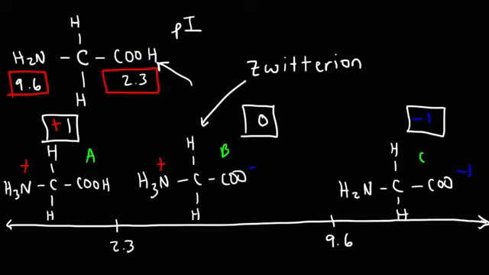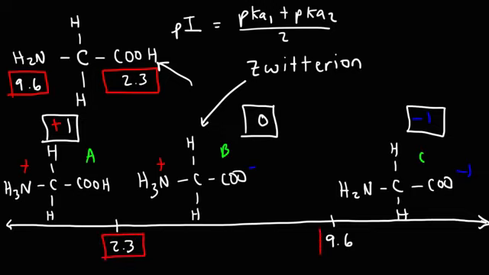Now, in order to calculate the pI, we need to take the average of the pKa values to the left and to the right of the Zwitterion. So to the left of the Zwitterion, the pKa value, or pKa1, is 2.3, and to the right of it, it's 9.6. So it's going to be 2.3 plus 9.6 divided by 2. So that's going to be 2 plus 9 is 11, 0.6 plus 0.3, that's 0.9.